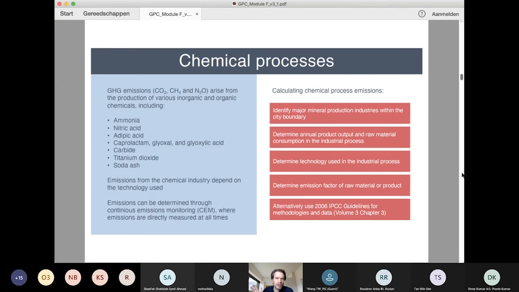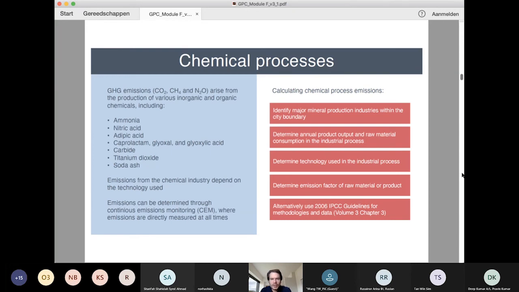Okay, chemical processes. Greenhouse gas emissions arise from the production of various inorganic and organic chemicals, and the emissions released depend upon the technology used. And often these can be measured through a technology within the facility to measure emissions directly. If that is the case, it's very easy to do the calculations if you can use the data.